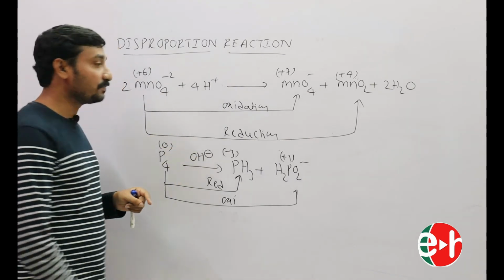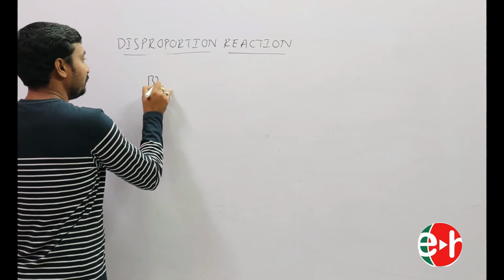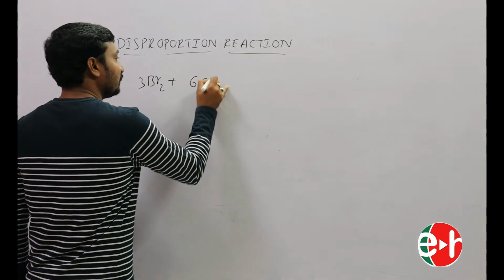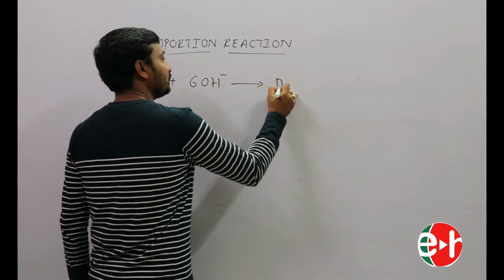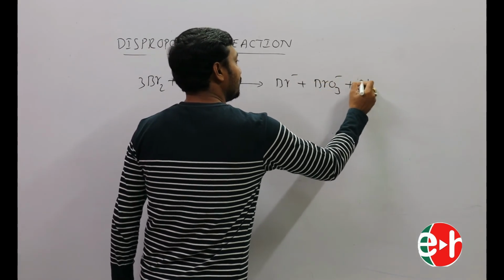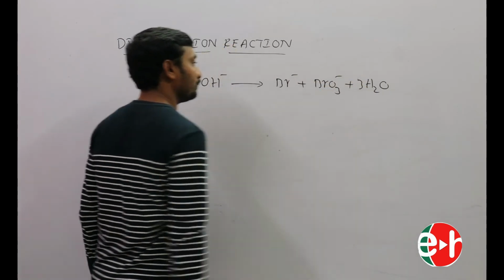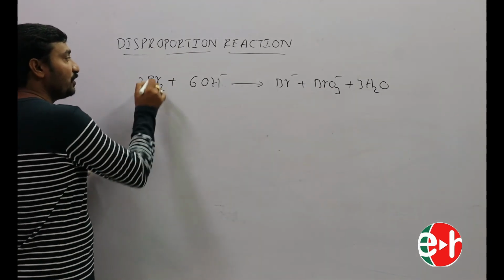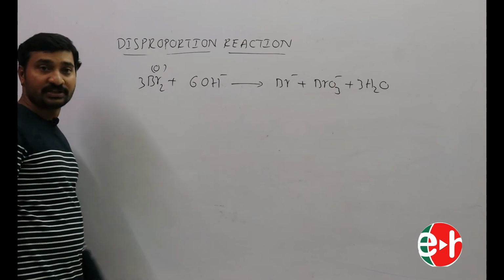Okay, now one more example. See this, 3Br2 plus 6OH- gives rise to 5Br- plus BrO3- plus 3H2O. Okay, see this reaction. In this one, bromine oxidation state 0, uncombined state.